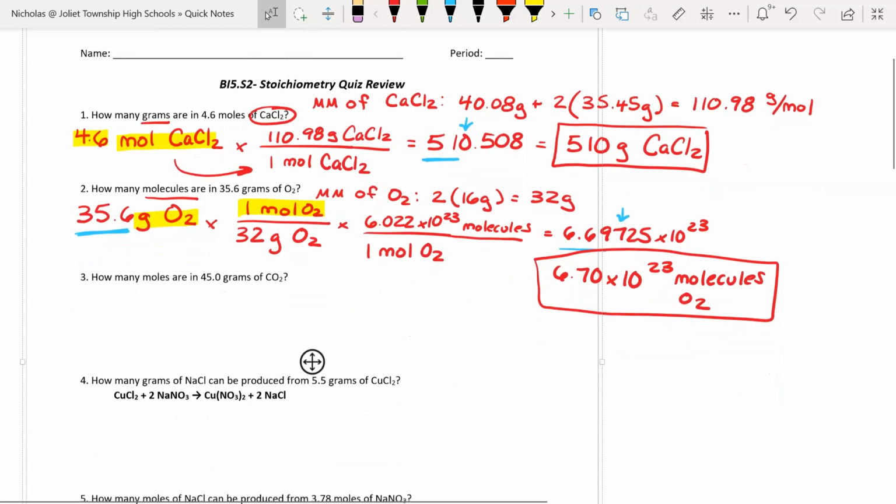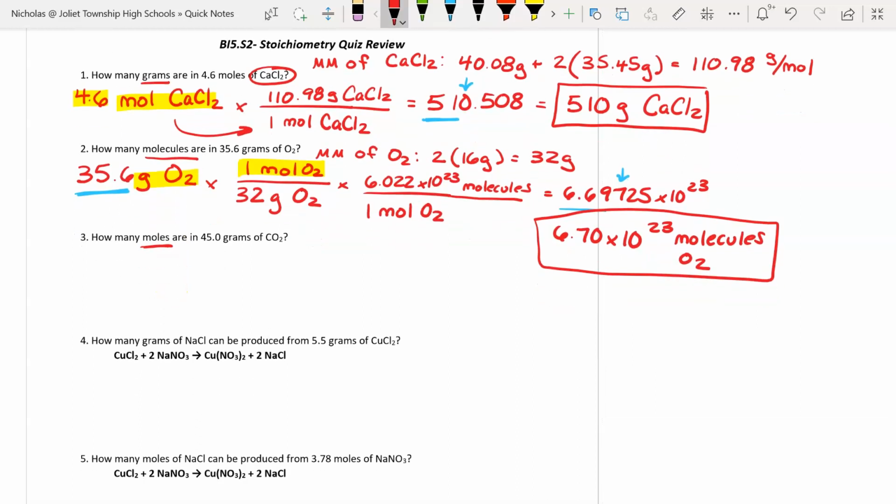Question number 3 asks us to go to moles, and we're given grams. So again, we're going to start with the given, so 45 grams of carbon dioxide. And the units that were given in the question are grams of carbon dioxide, so those are going to go in the denominator. So we're going to need the molar mass.